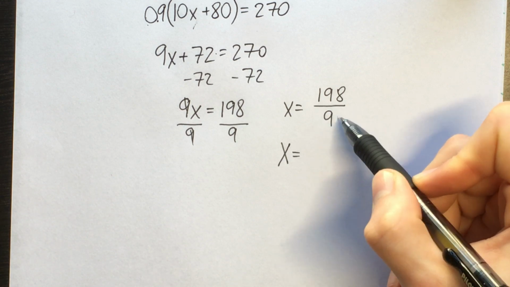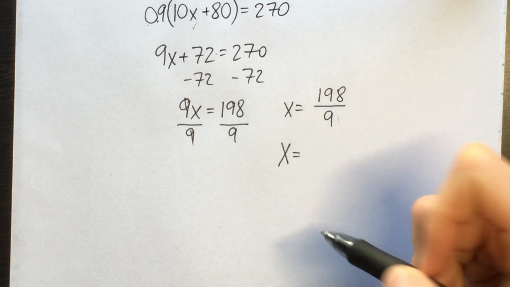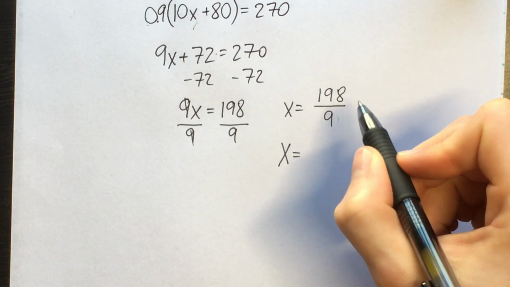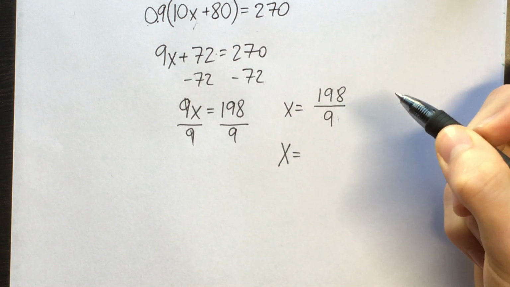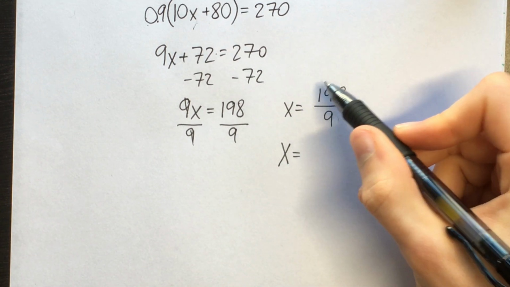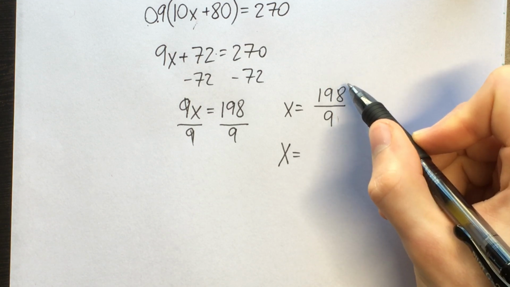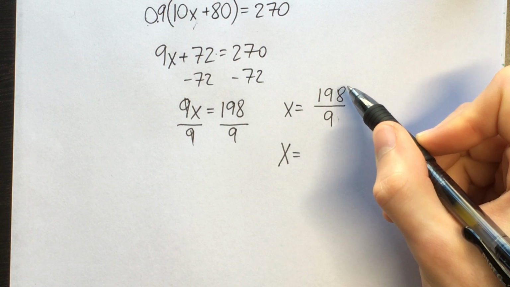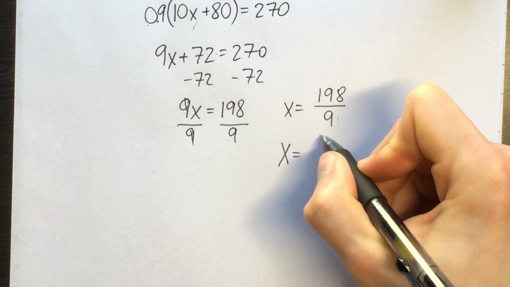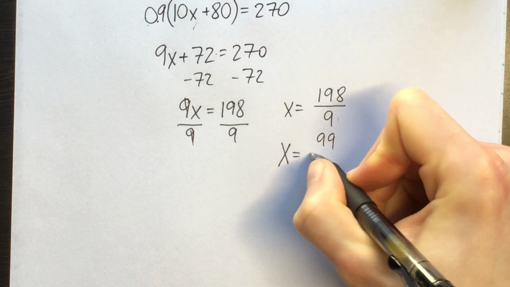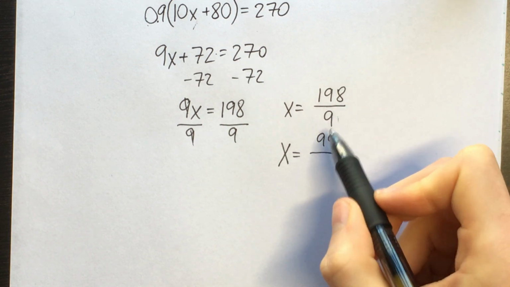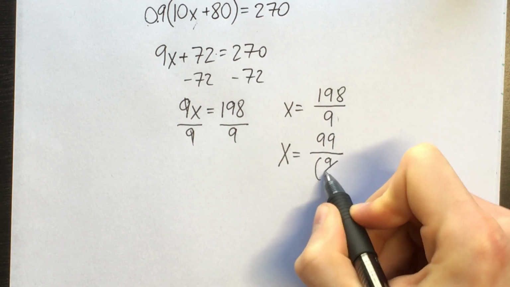It will come out a little weird because the bottom is going to be 9 over 2, but just bear with me. So what's the top divided by 2? That's going to be 50 plus 45, 95 plus 4, 99. So that's 99 over 9 over 2.